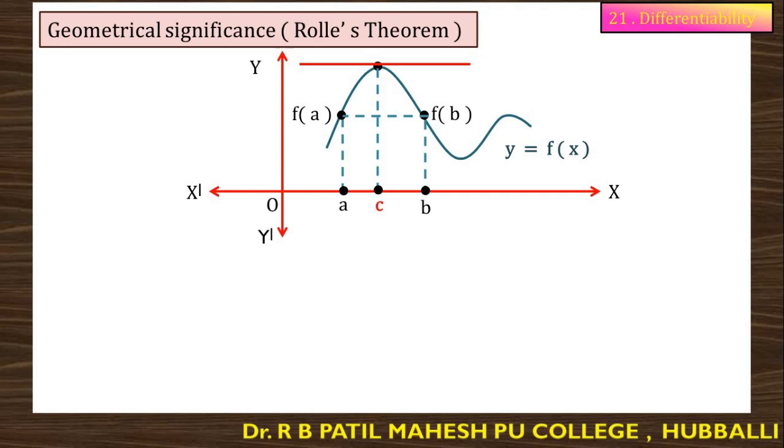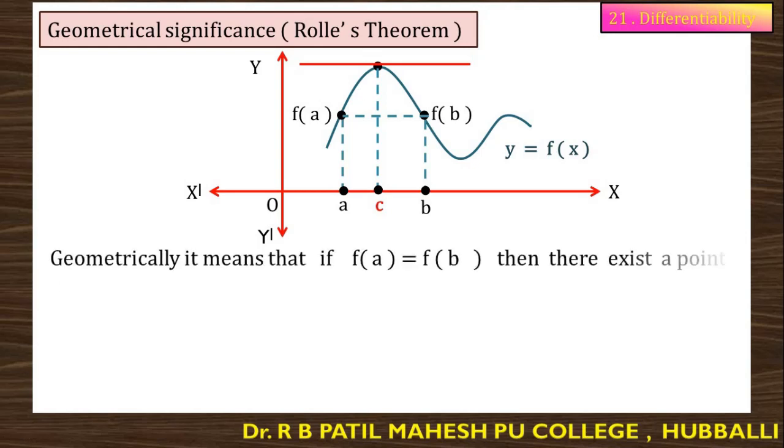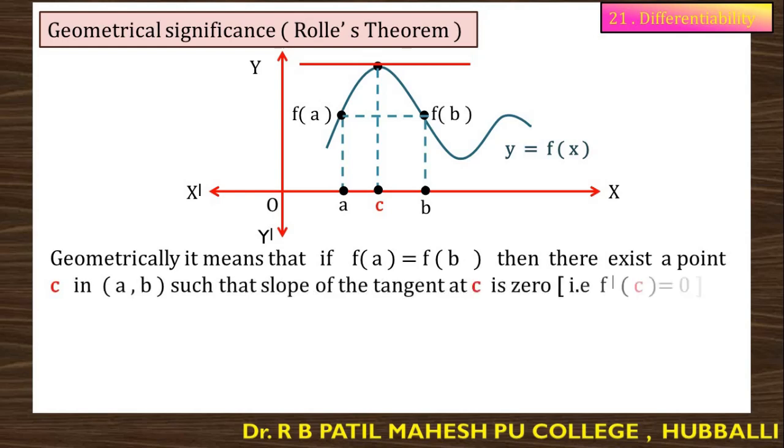So that means if f of a and f of b are equal, then definitely in between these two points, the curve at some point will bend. That is the meaning. So geometrically, it means that if f of a is equal to f of b, then there exists a c in open interval a b such that the slope of the tangent at c is 0.